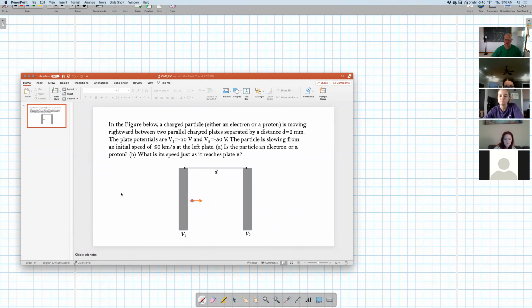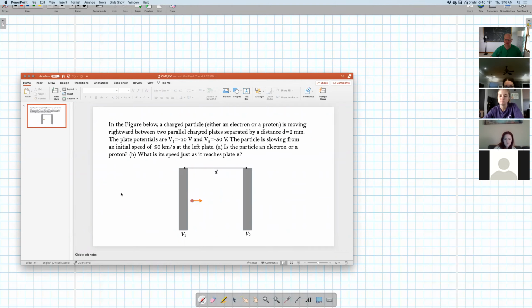So even though this is negative 70 and this is negative 50, I can arbitrarily set this one at 0 and this one at 20, because the change is still the same. My change here is 20 volts, my change here is also 20 volts, just to see a little easier what's happening.